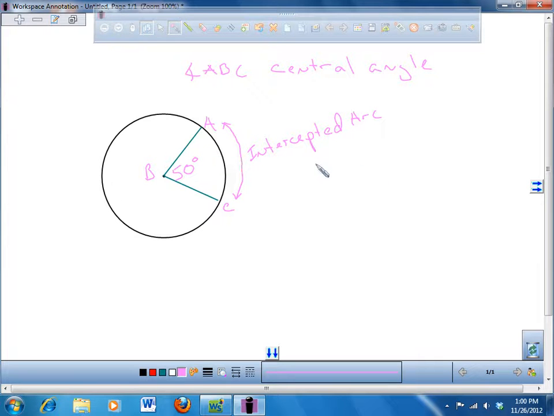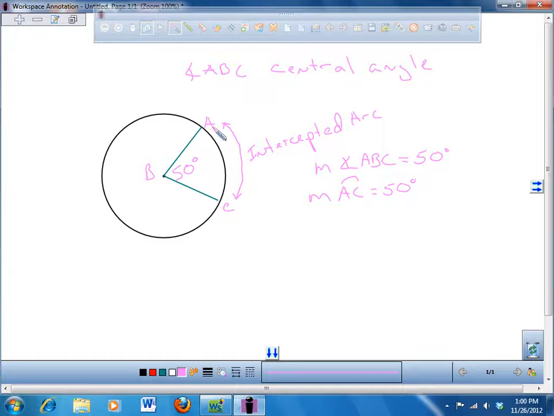So the measure of angle ABC is equal to 50 degrees, but also the measure of arc AC, and you put a little curvy bracket on top of it, is also equal to 50 degrees.